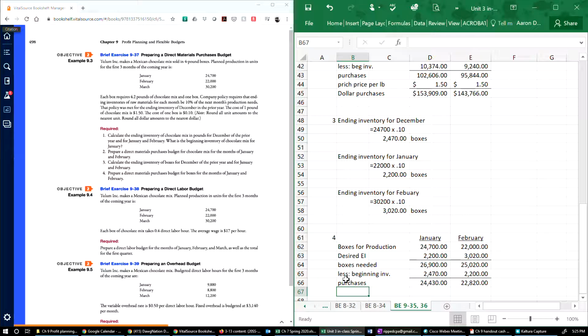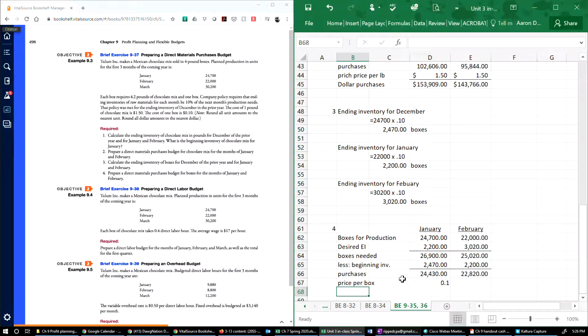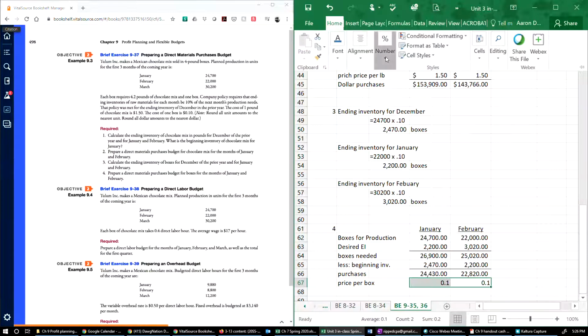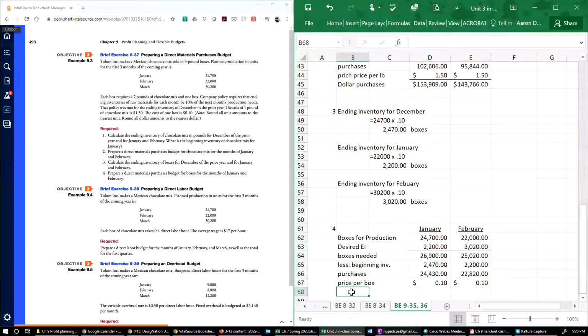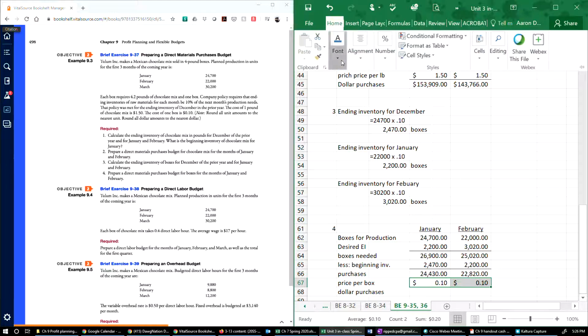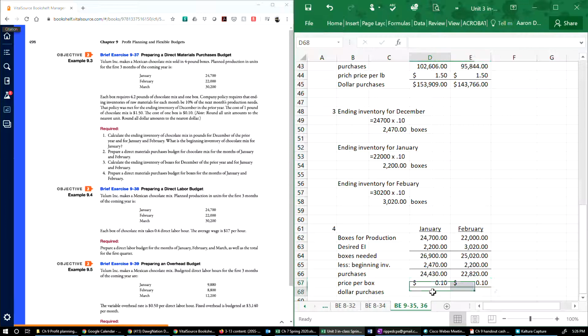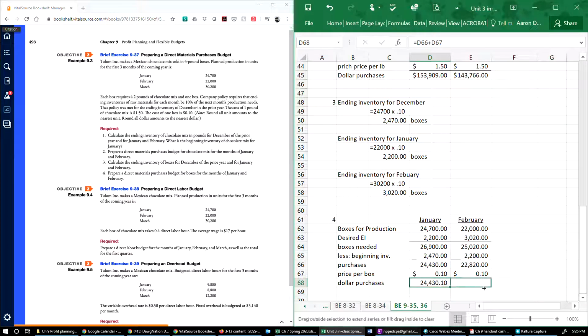All right. Each box costs 10 cents. And so we'll translate that into dollars just by multiplying the number of units that need to be purchased times the price per box.